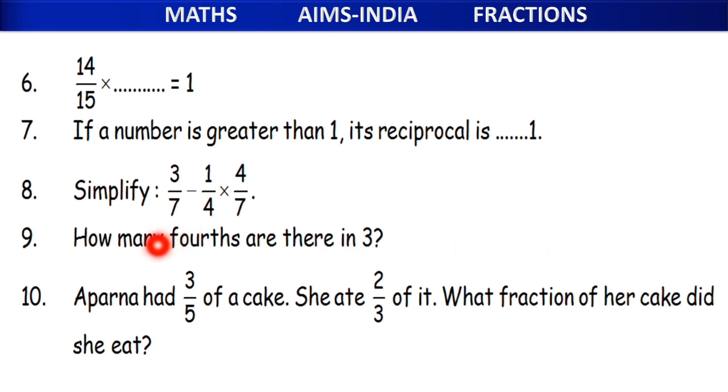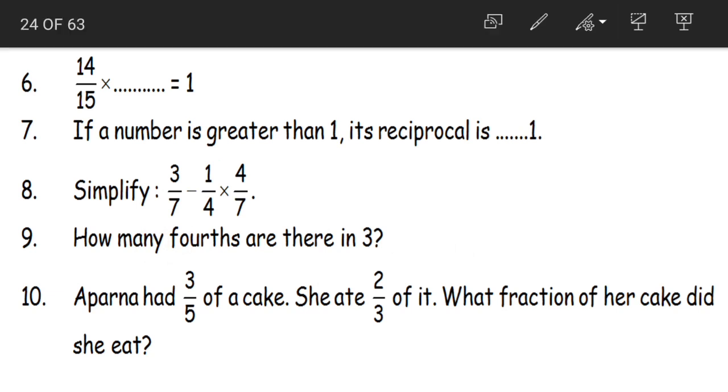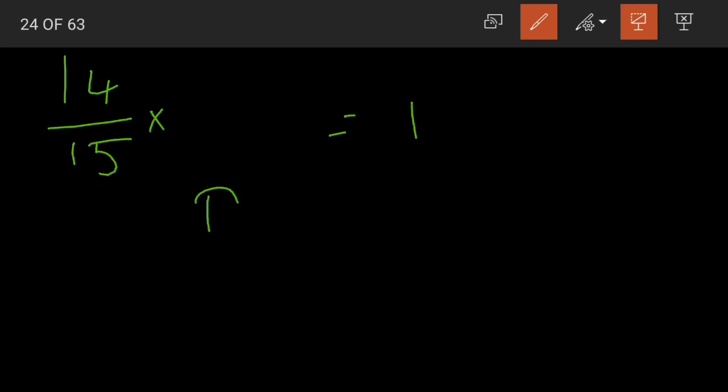Next, 14 by 15 into dash is equal to 1. Now see, we have learnt about this in our previous classes. What was the fraction here? 14 by 15. 14 by 15 multiplied by dash is equal to 1. That means here we need to find out the multiplicative inverse.